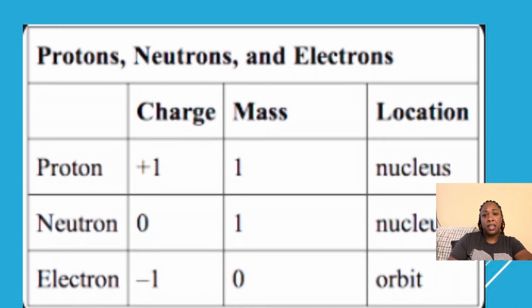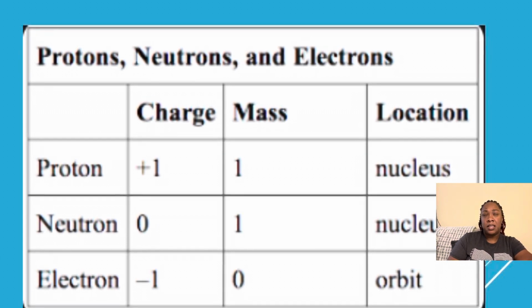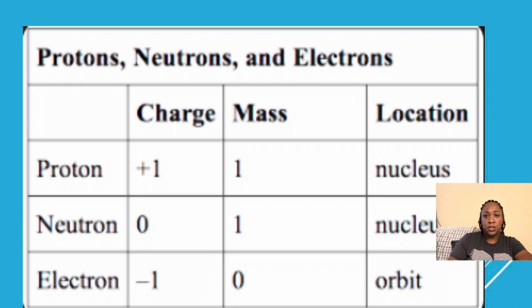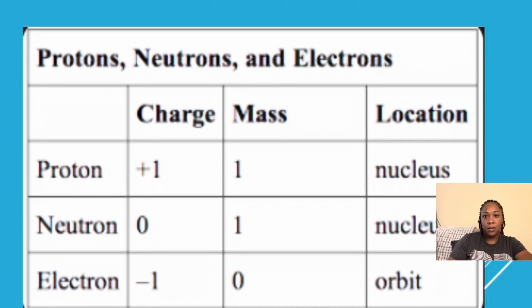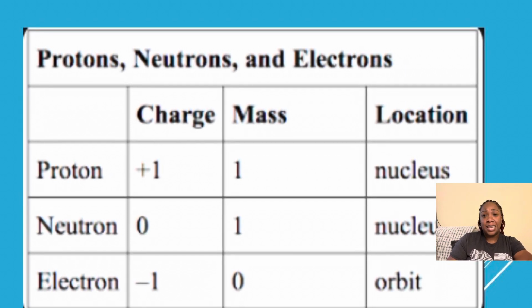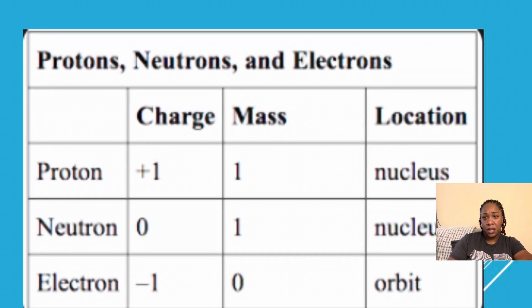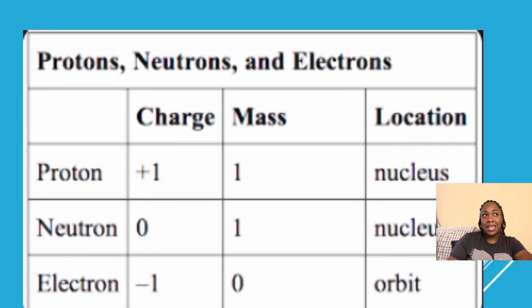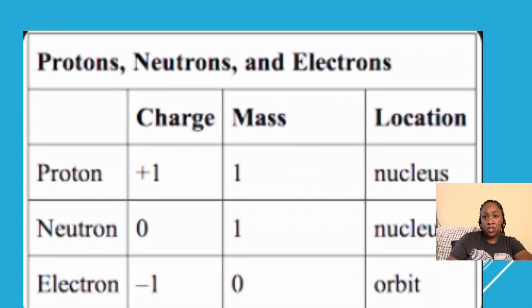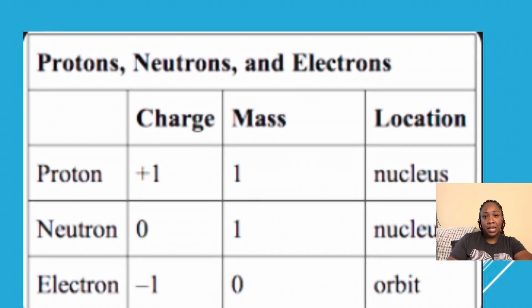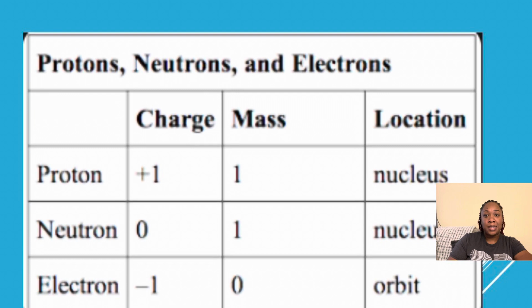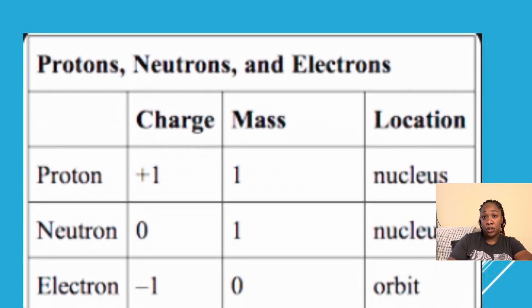If we divide that through, we're going to get 0.000006. So the mass of the electron is negligible compared to the mass of the neutron or the proton. What that basically means is you'd need about 2,000 electrons in order for it to weigh as much as a proton or a neutron.